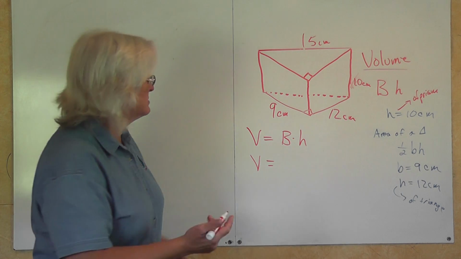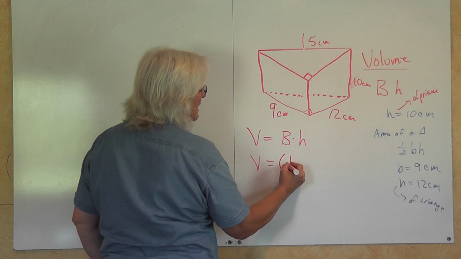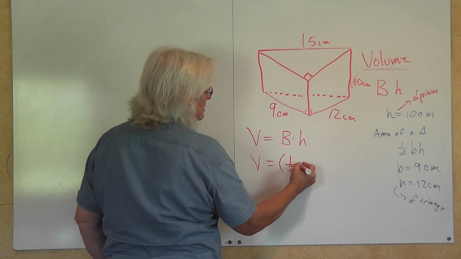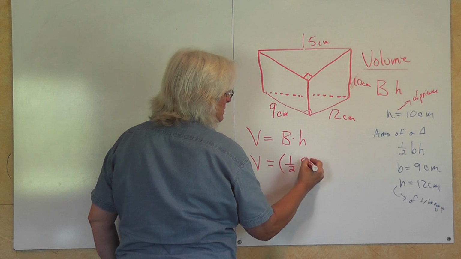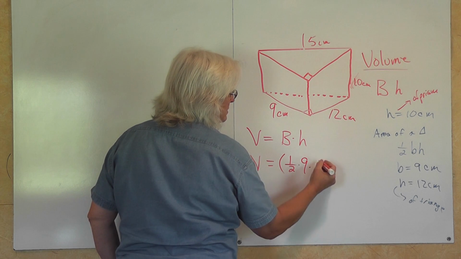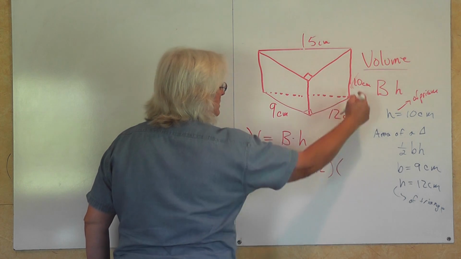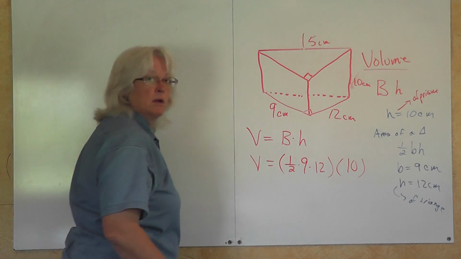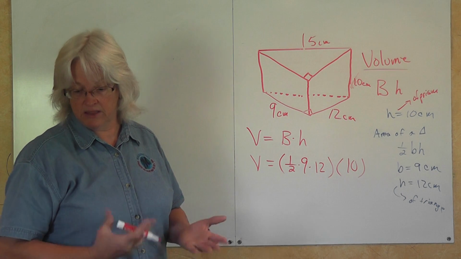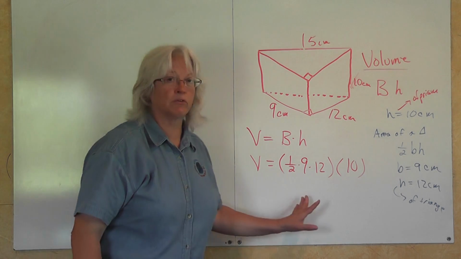So they're going to put that information in parentheses. It's 1/2 times the base, which we said was 9, times the height, which we said was 12, and then we're going to multiply all of that times the height of this prism, which is 10 centimeters. And that's how they've done their work on page 423.